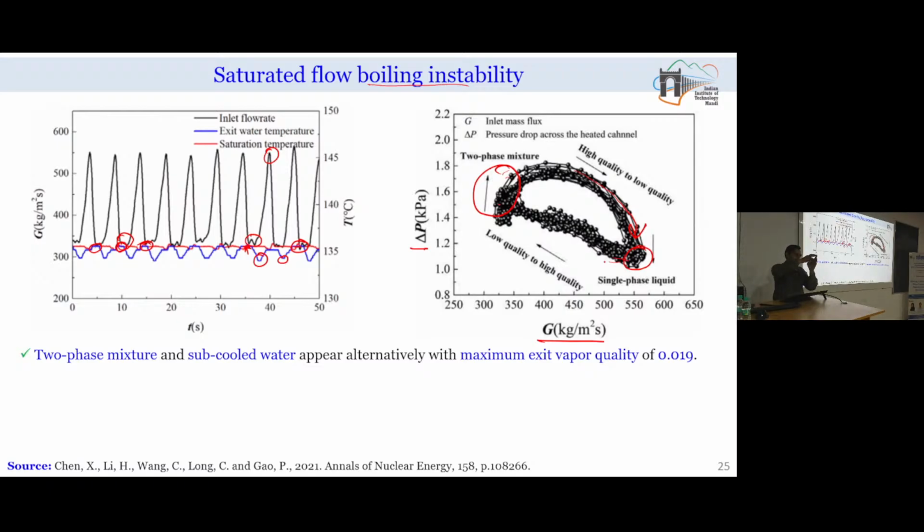Once vapor starts coming at the outlet, the vapor will be expanding also, because its density is significantly less in comparison to the density of liquid. So, all of a sudden vapor will expand. When vapor will be expanding at a rapid rate, then it will be creating significant pressure drop. So, corresponding to that you will be experiencing fluctuation.